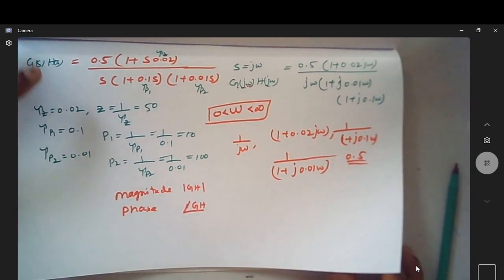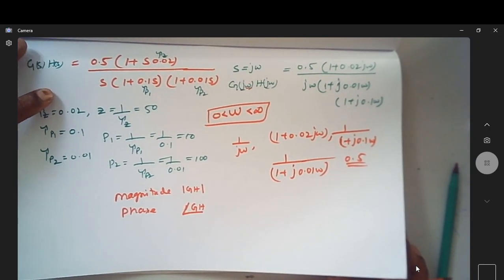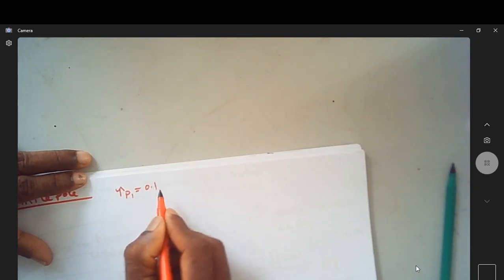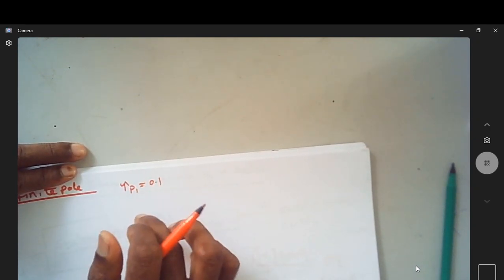So now let us start with understanding what is the frequency response of a finite pole. So when I say finite pole, assume that I have a pole at 0.01. Okay, let us assume that tau p1 is equal to 0.1, meaning that there is a pole at -10.